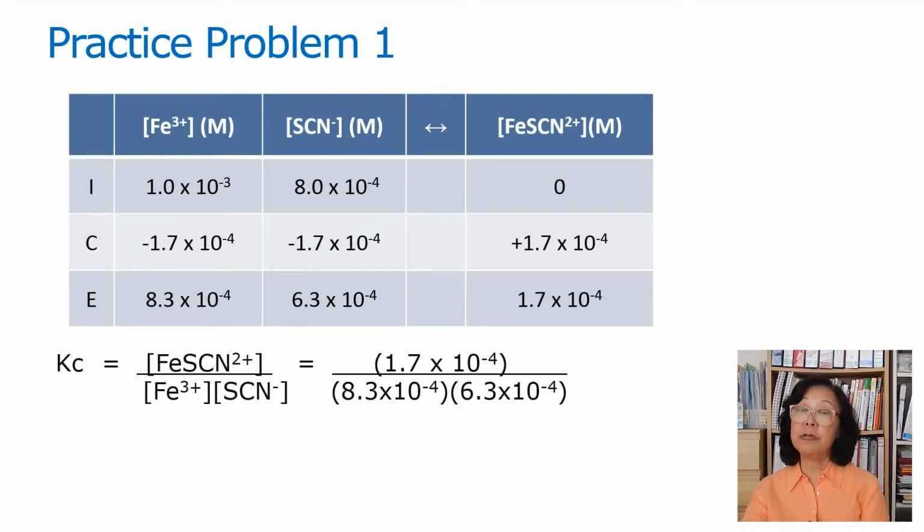And then we come to the equilibrium concentrations for the reactants and products: 8.3 times 10 to the negative 4 molar and 6.3 times 10 to the negative 4 molar, while the complex ion is 1.7 times 10 to the negative 4 molar. We substitute it into the Kc expression, and we can calculate the value to be 3.3 times 10 to the power 2.